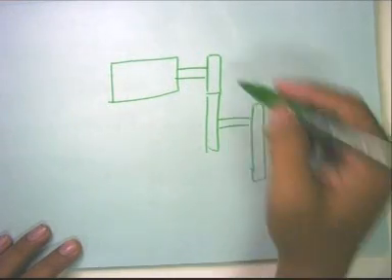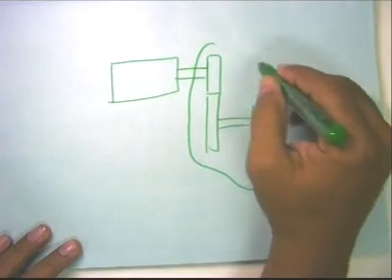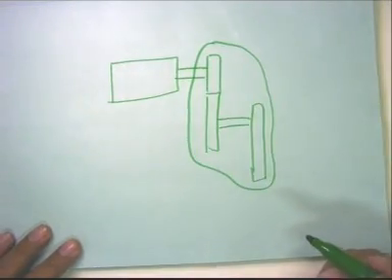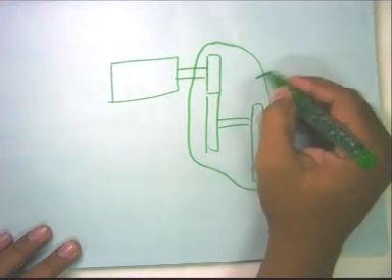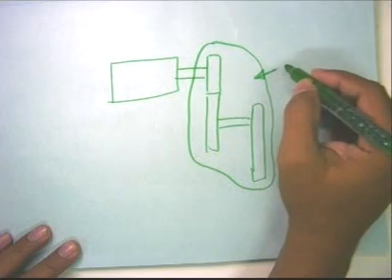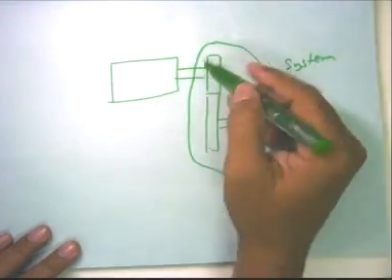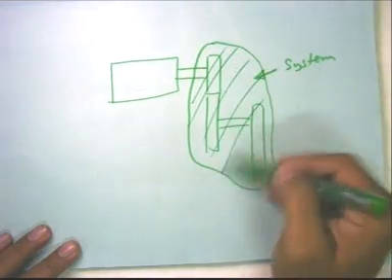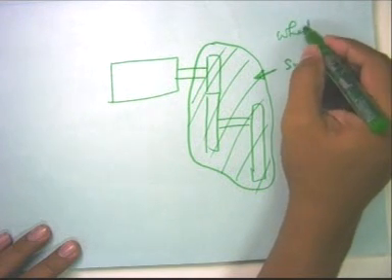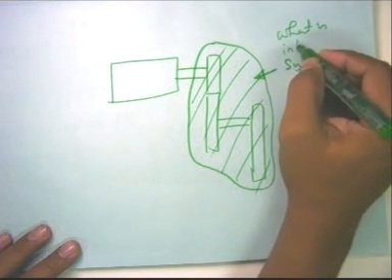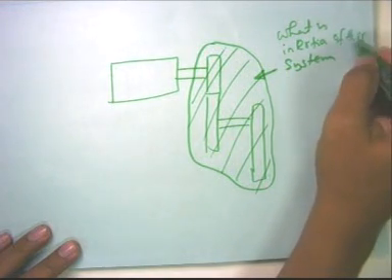Now, in this system, suppose I substitute this gear reduction and the link by a system, and suppose you do not know what is inside. What is the inertia of this system?